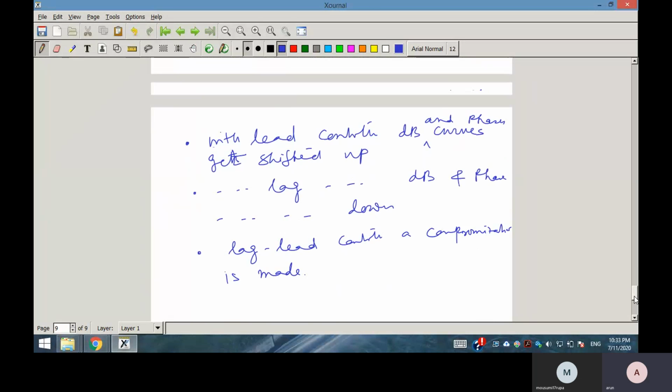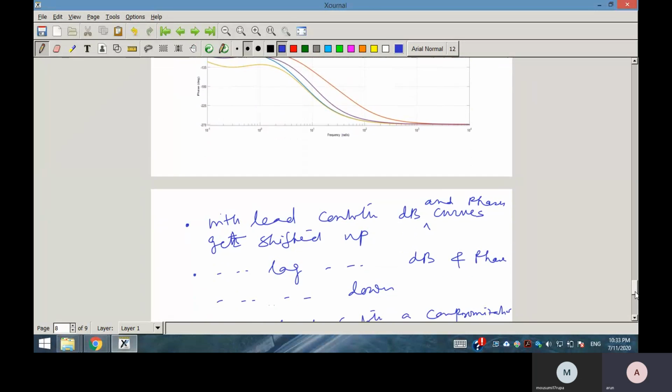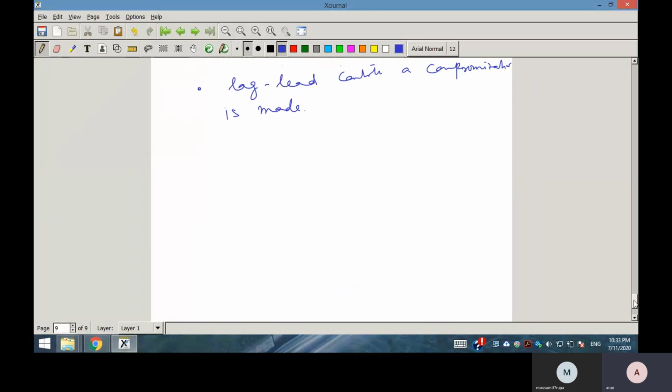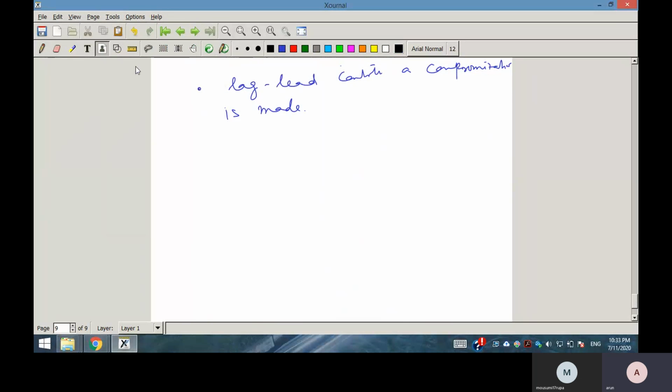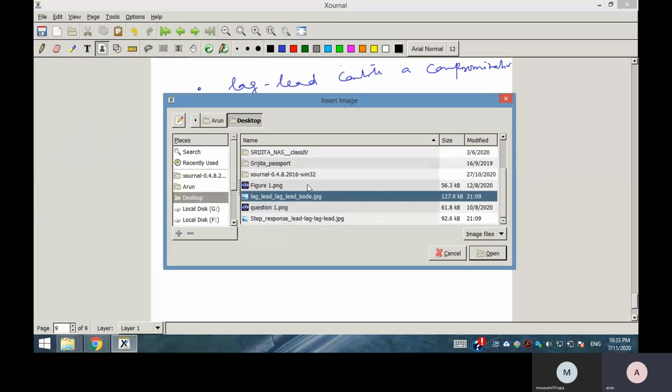Okay, so now if you see the frequency response, the time response, so the time response also I will attach. Options, tools, image, time response with step response.